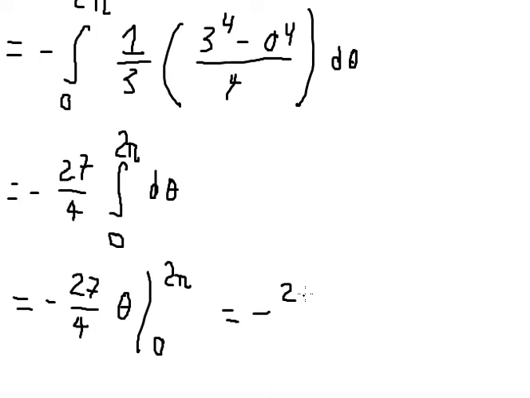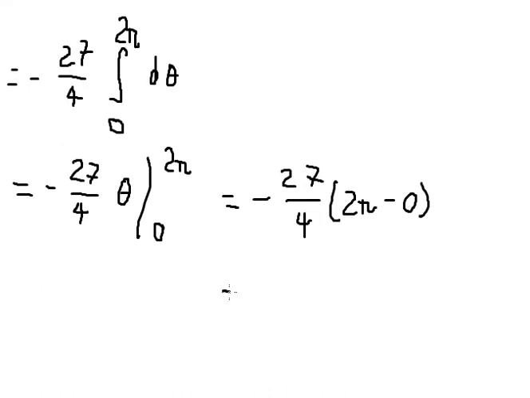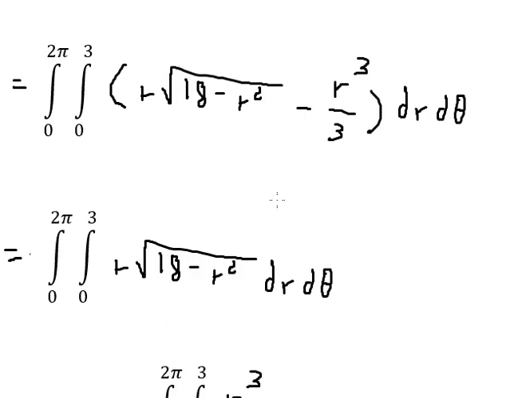So we have the answer for this one. So we have negative 27 over 2π. Now let's go to the first one.